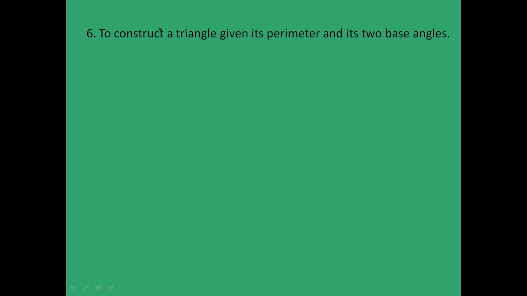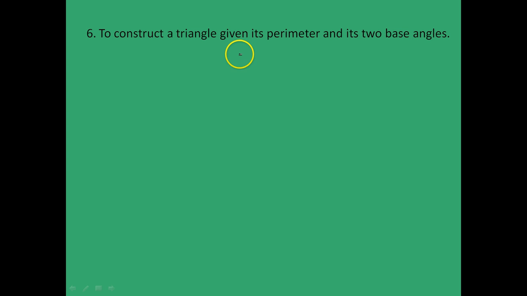Now next and the last construction we'll look at in this lecture is how to construct a triangle given its perimeter and its two base angles. This construction will use some of the constructions we have discussed earlier.